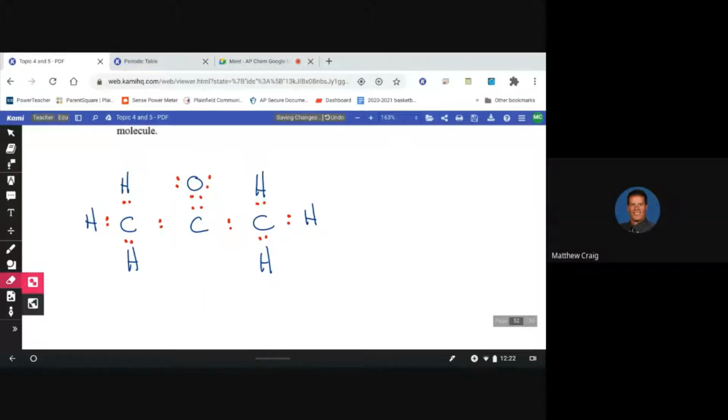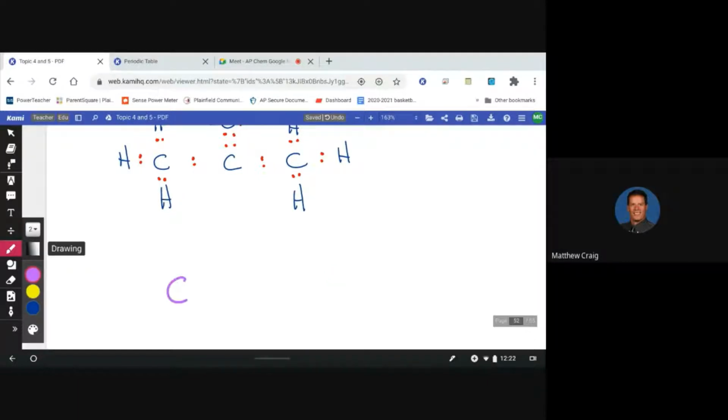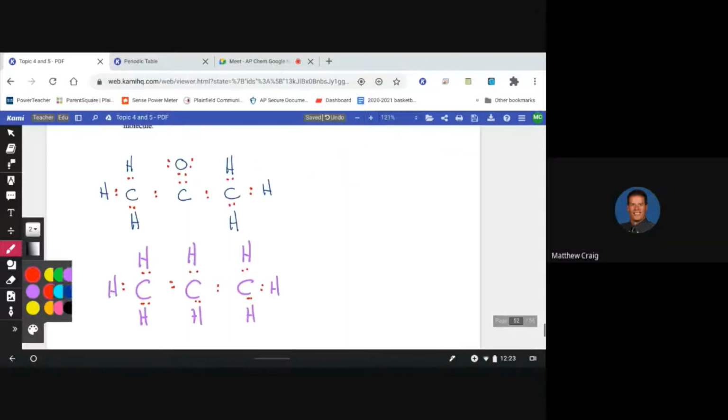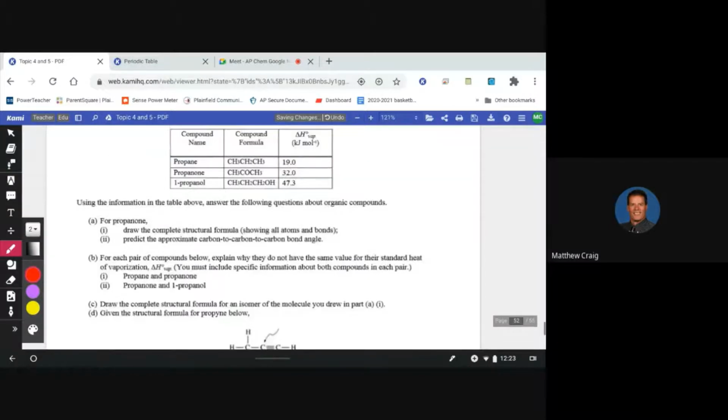So propane looks like this. Looking at these 2 structures, I think I have the correct ones.